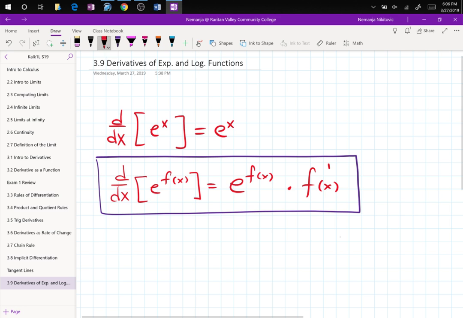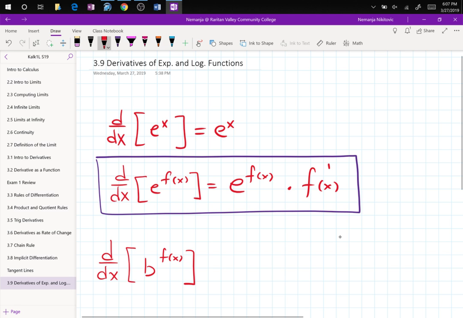So the formula b to the f of x allows you to have any base. So you can have 2 to the sine x. You can have 7 to the whatever, x squared minus 3. So this is the boss equation.